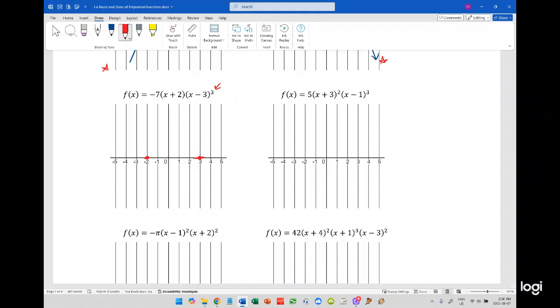This is going to be a quartic, which means normally it would start high and end high, except it's got a negative leading coefficient, so it starts low and ends low. So it has to go through the first one, and then as it comes down, it has to go through the second one, but it has to go flat first. So it looks like that.